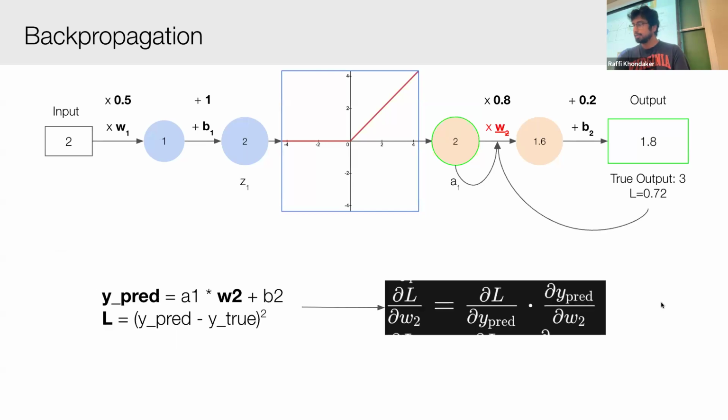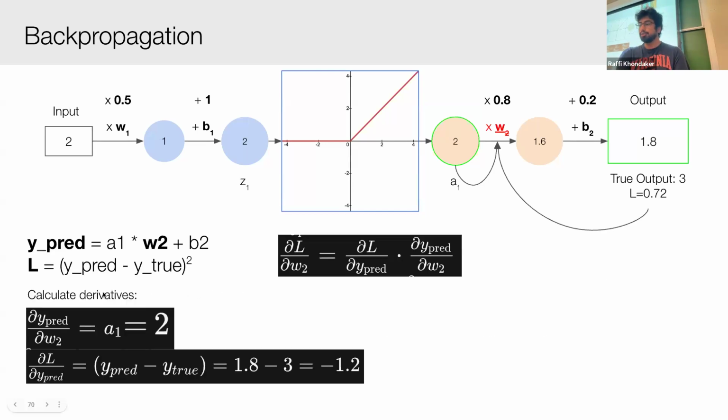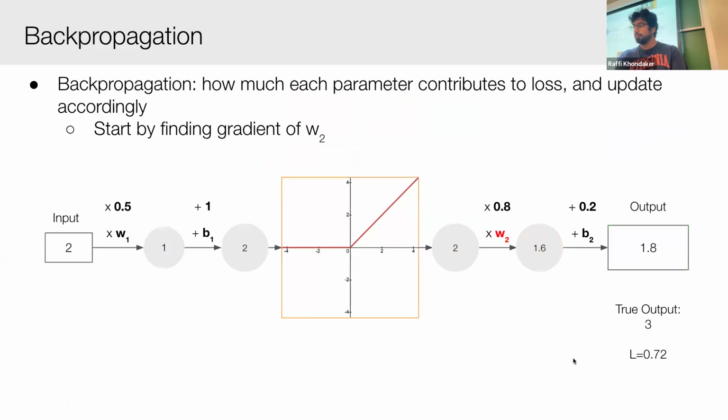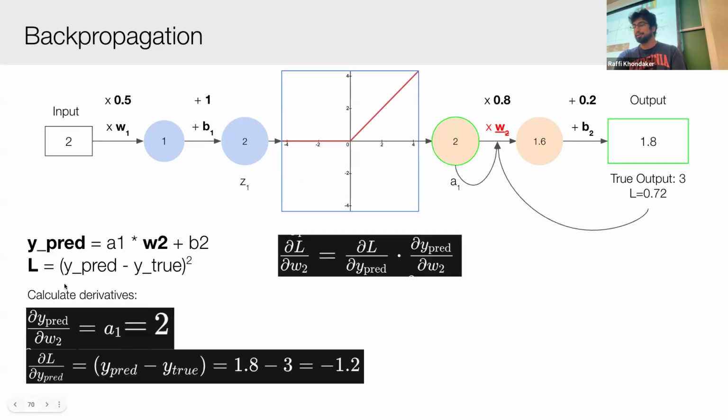So we take that derivative. What's the derivative of ypred with respect to W2? It's A1, so that's equal to 2 in this case. What's the derivative of L with respect to ypred? That's just ypred minus ytrue.